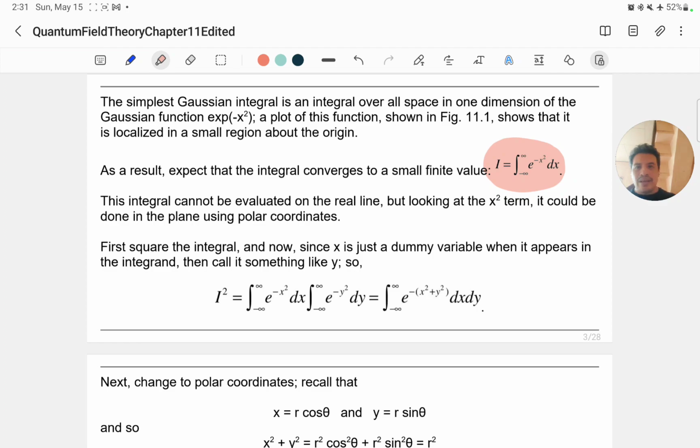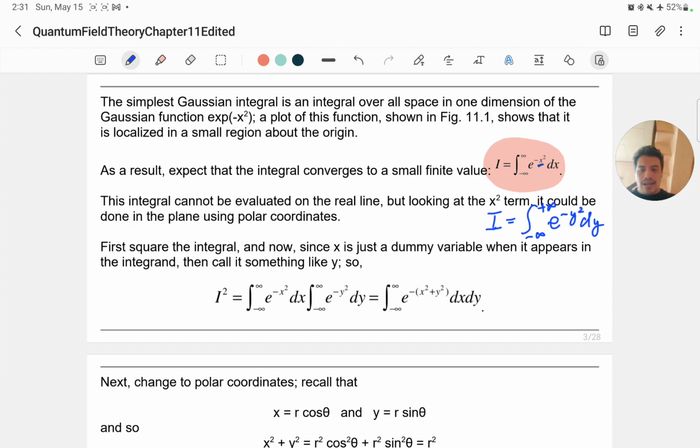By the way, the x here is a dummy variable, so you can just replace it with y, and the same result comes out when you integrate on the y-axis. So they're the same, or even in the z-axis it's still the same.